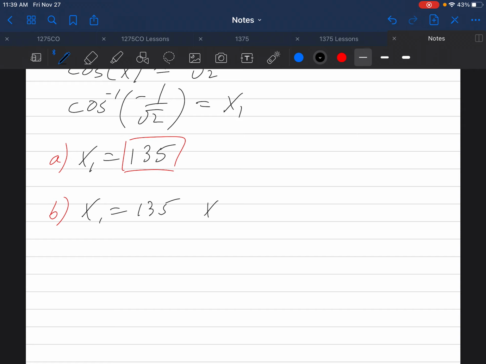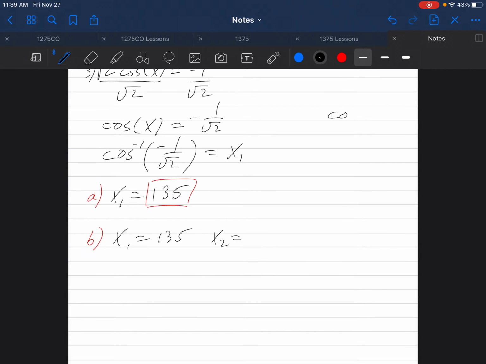And that means x2 is going to equal, for a cosine function, again, if we're concerned only about a cosine function, positive in quadrants 1 and 4, negative in quadrants 2 and 3. 135 is in the second quadrant, once again, because this was a negative answer over here.